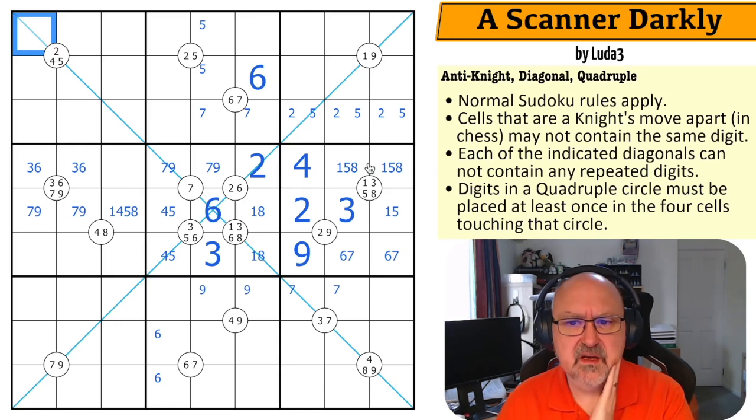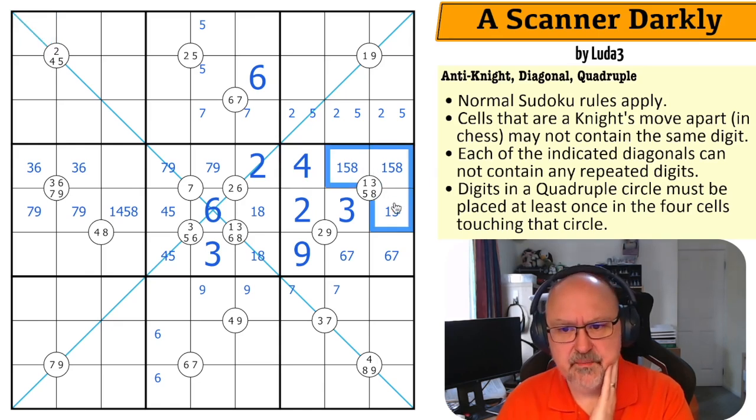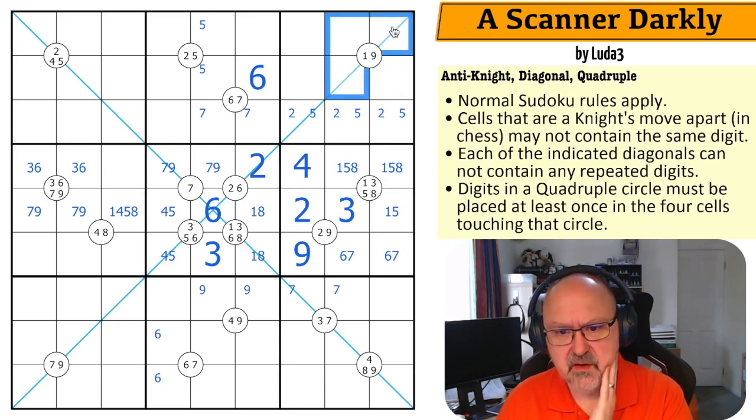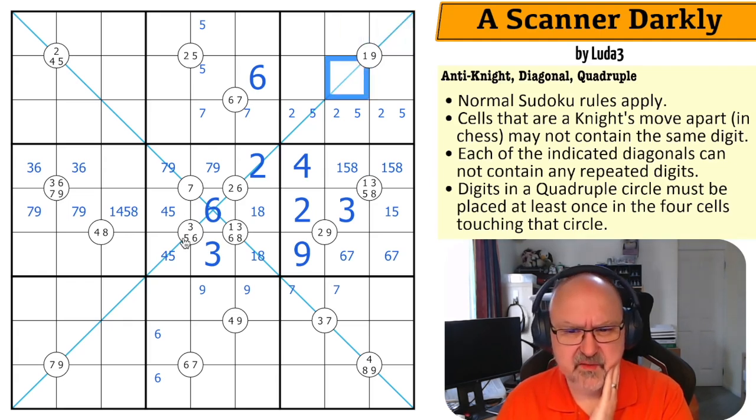I could see these cells here mean that this can't be a 1 because it sees all 3 of those. So the 1 is in one of those 3. Now, if I could knock 1 out of there, that would put 1 on the diagonal and have an impact, but I'm not getting that yet. 2 is down here.